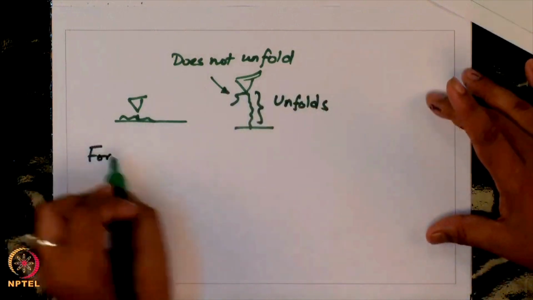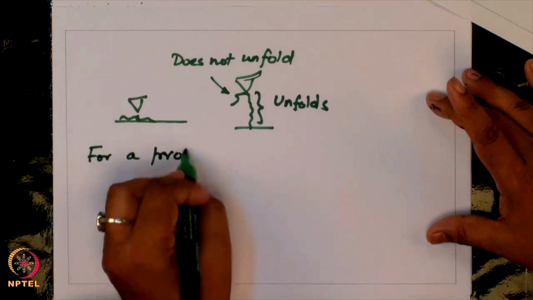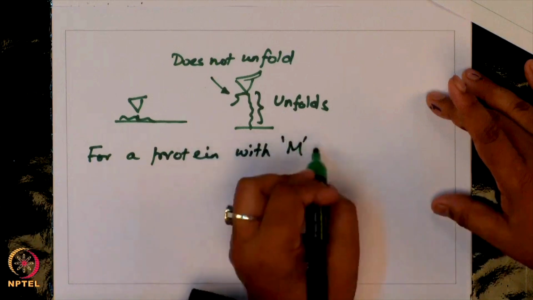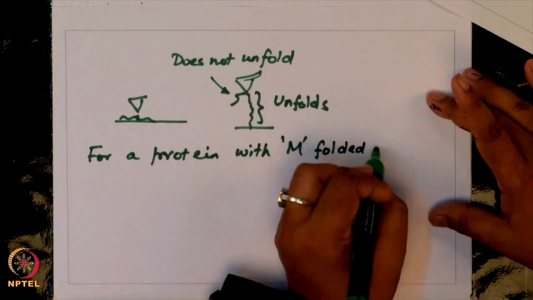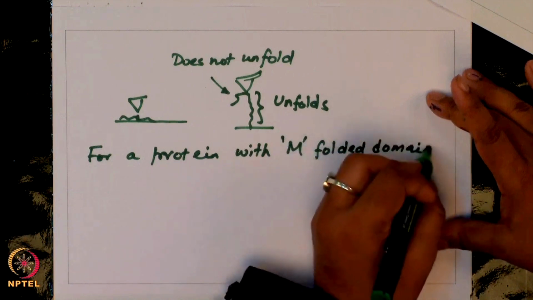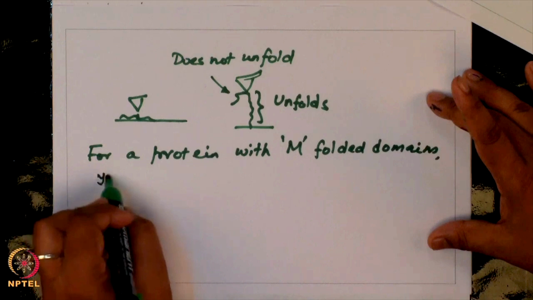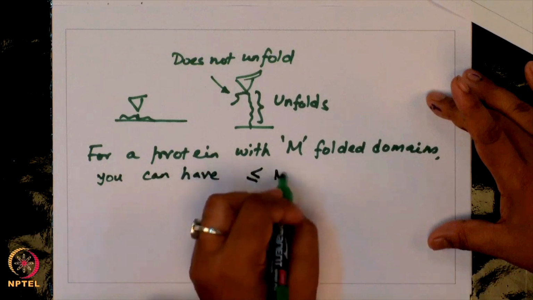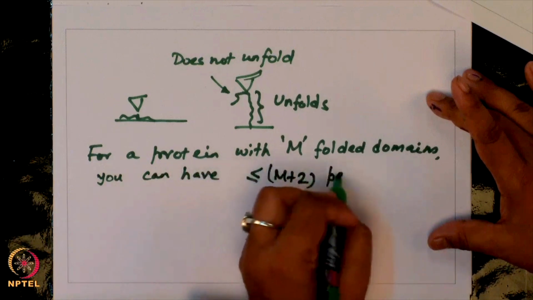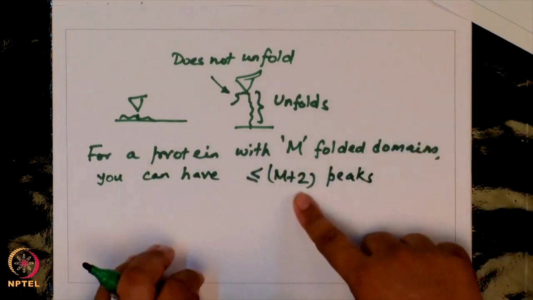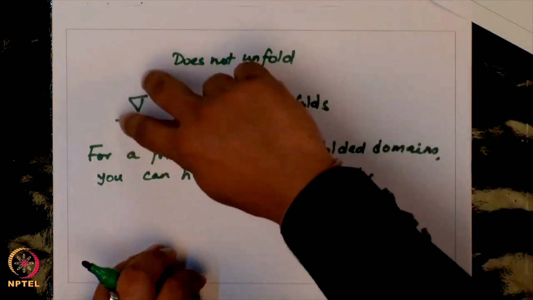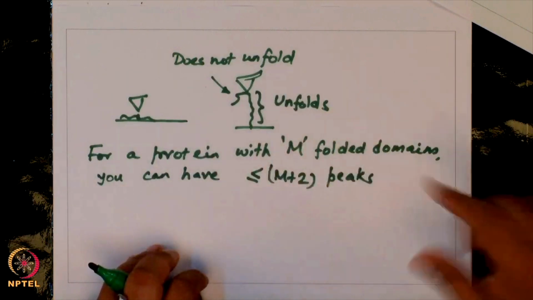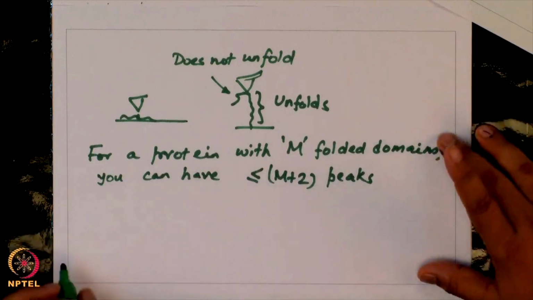So for a protein with M folded domains, you can have less than or equal to M plus 2 peaks. At max you will have M plus 2 peaks, where the tip actually contacts one end of the protein, but in all other cases you will have fewer than M plus 2 peaks. This is one thing to be noted.